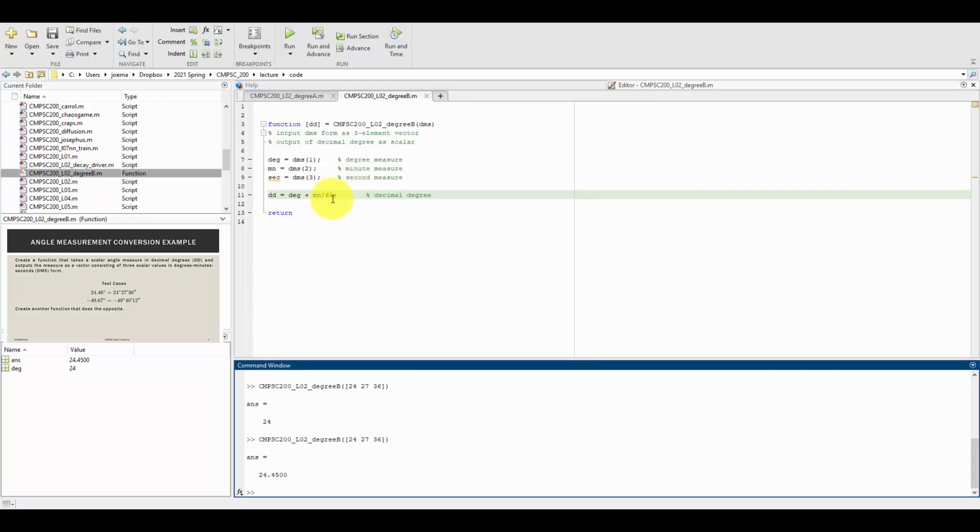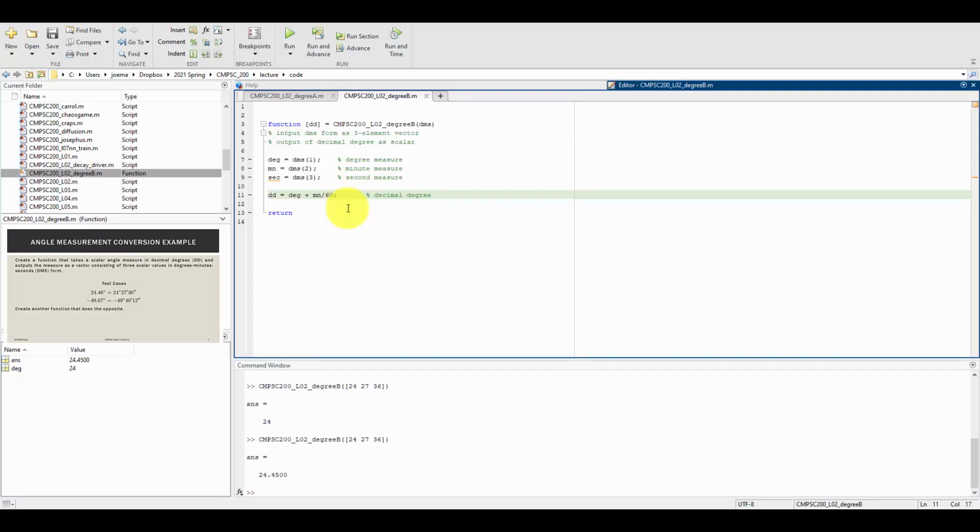That's not the answer yet because I also need the seconds. Well, 1 second is a 60th of a minute, and 1 minute is a 60th of a degree. So that means that each second must be 1 over 60 squared, or 1 over 3600th of a degree. So I can add the seconds that way. So I think this should work.